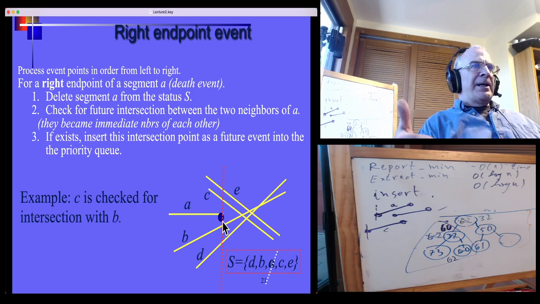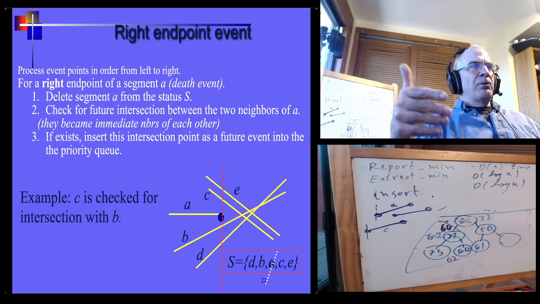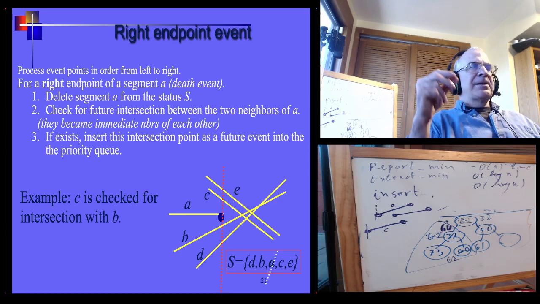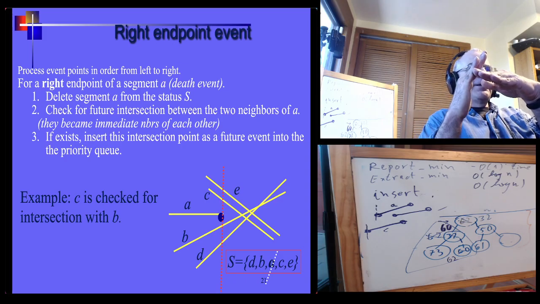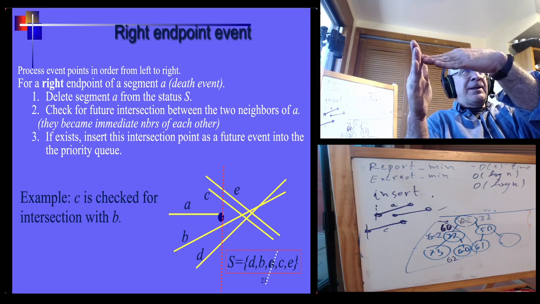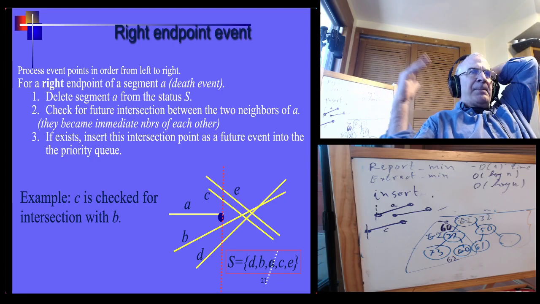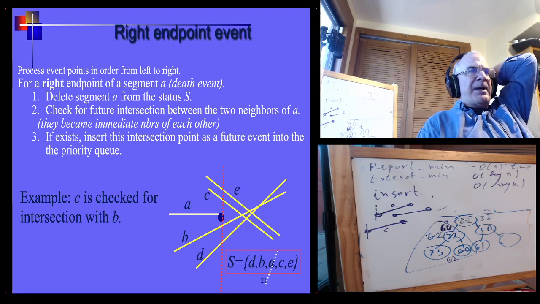So what is my uncontrollable reflex when I see that two segments are just becoming neighbors? Every time, I'm asking, do they intersect? Is the intersection in the future? Because if it's in the past, I never move my sweeping line backward, I never move it to the left.